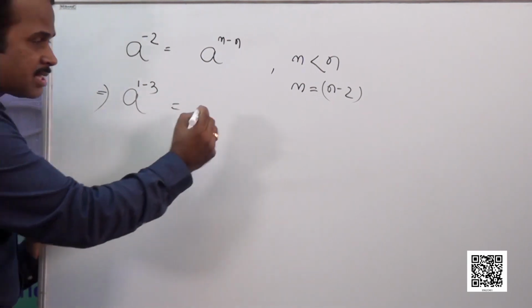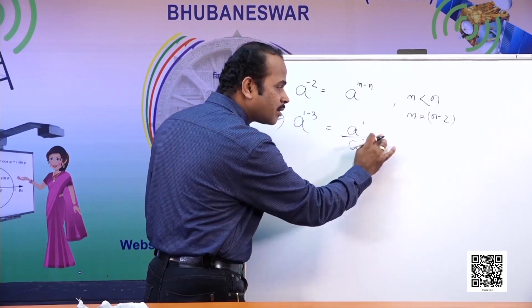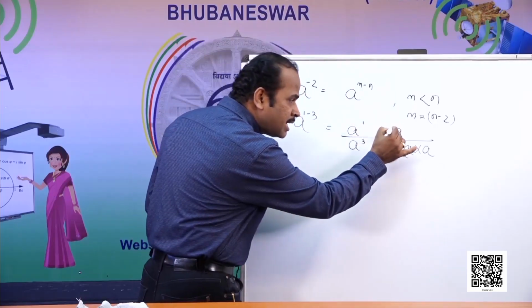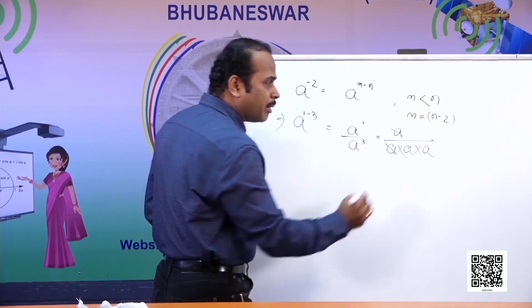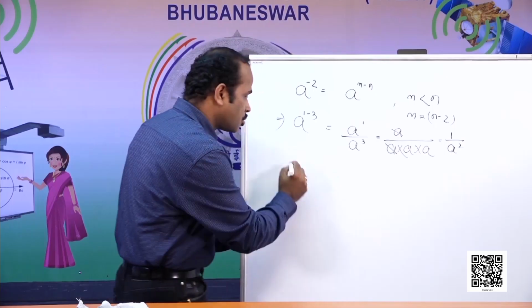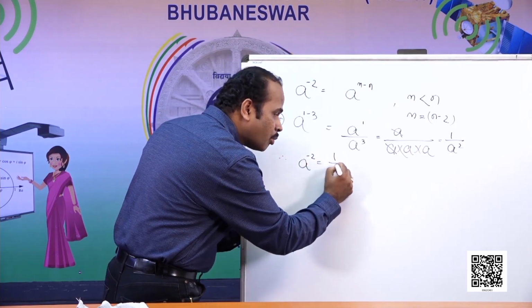This I can write as a to the power 1 divided by a to the power 3. This I can write as a divided by a into a into a. And cancelling the common factors from both the numerator and denominator, I find it is 1 by a square. So finally, a to the power minus 2 is equal to 1 by a square.